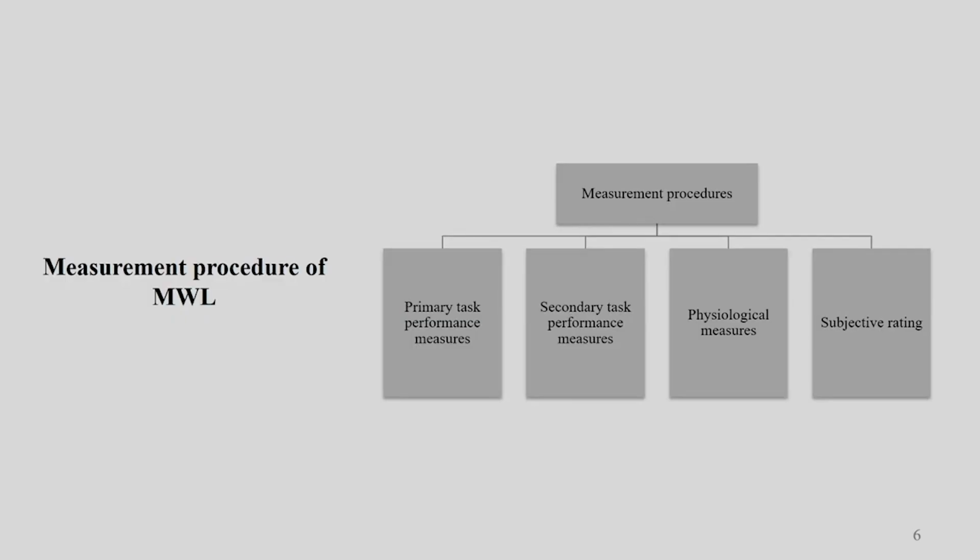So, when we are talking about mental workload measurement, we have to understand what the primary task performance measures are. How do we actually measure the primary task performance? How do we measure the secondary task performance? Primary task performance is the performance which is directly connected to the goal of the system.